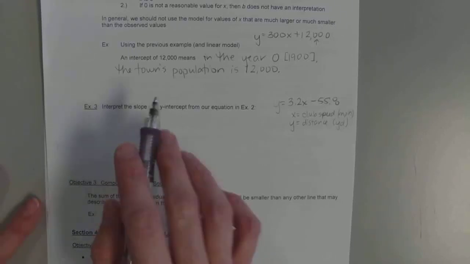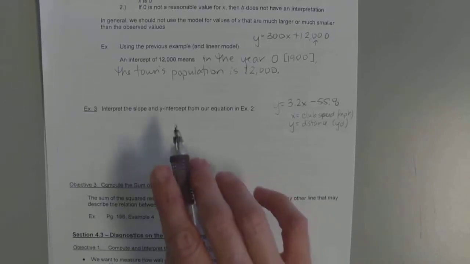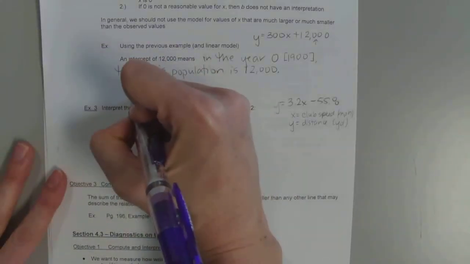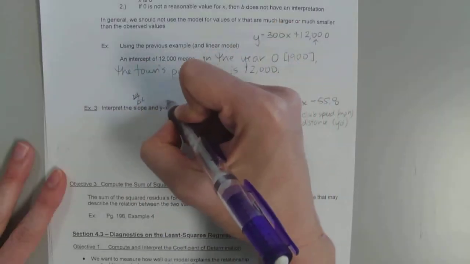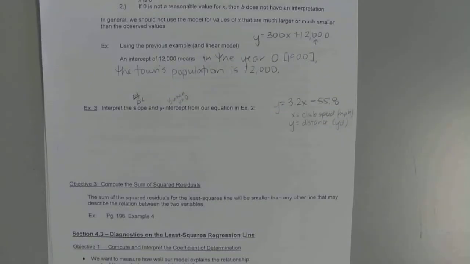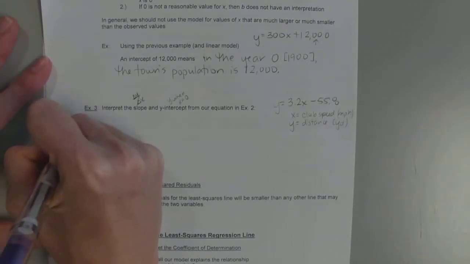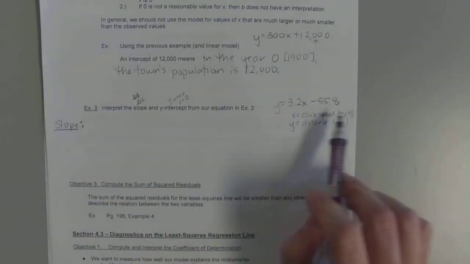Keep in mind, slope is just as your x increases by 1, your y value is doing whatever your slope is. And then your y-intercept is y when x equals 0. Kind of just keeping in mind what each of these are. All right, let's do our slope. First of all, in this equation, which part is the slope?